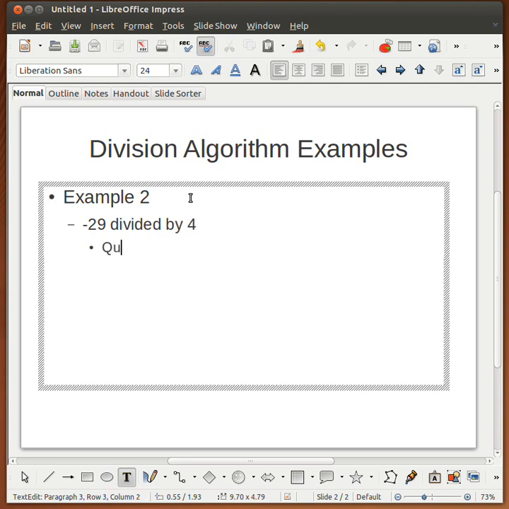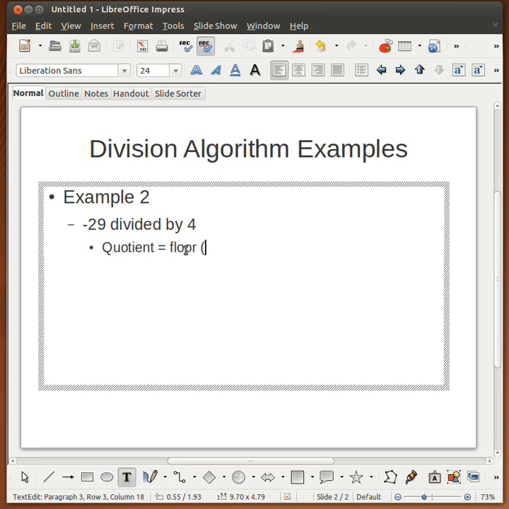So what will the quotient be? Negative 7.25. All right, the sign will be negative because one of the two numbers is negative and the other is not. So what will the quotient be?